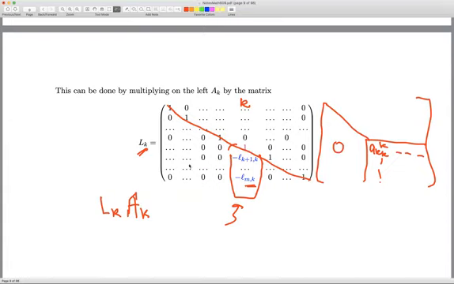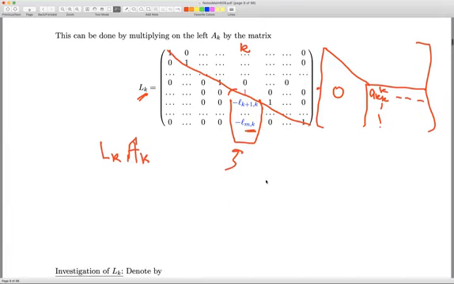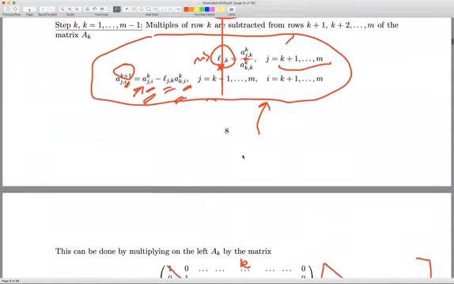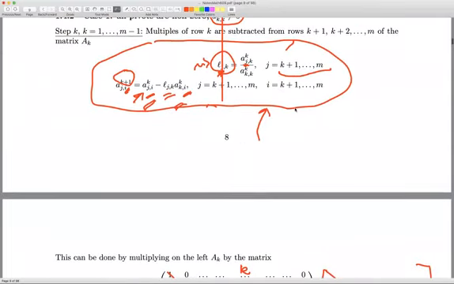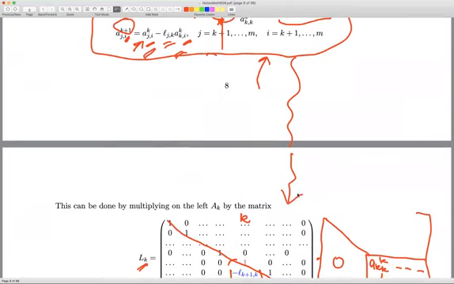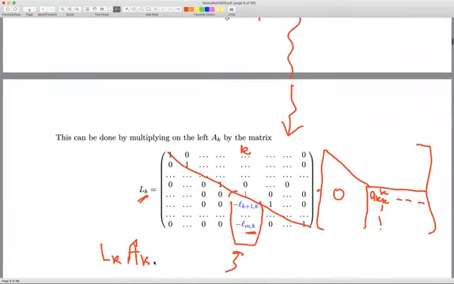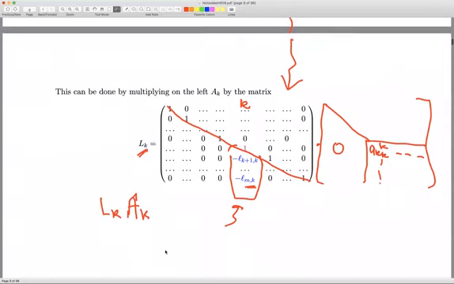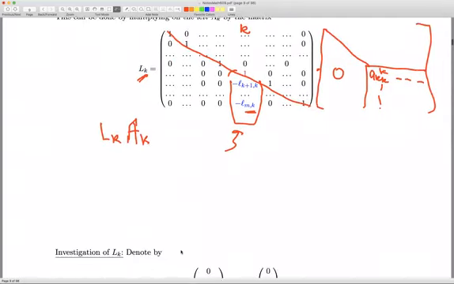Using the rules for multiplying two matrices, once you write down carefully what this multiplication is, you will find out that this operation is the same as multiplying the matrix A_k on the left by the matrix L_k.